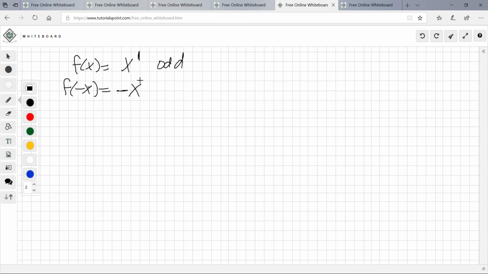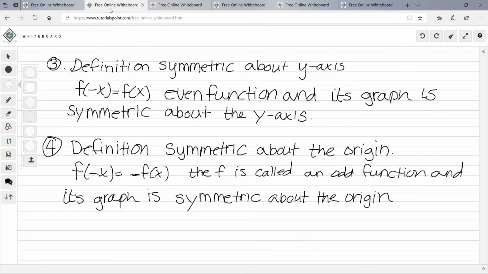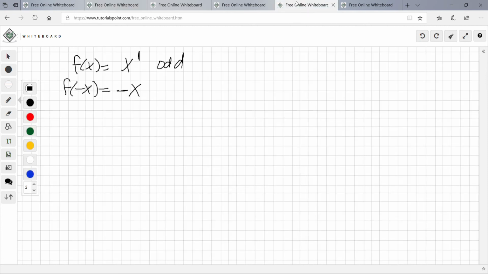So it's an odd function because if you put in a negative, it's odd, and so that means it's symmetric about the origin.